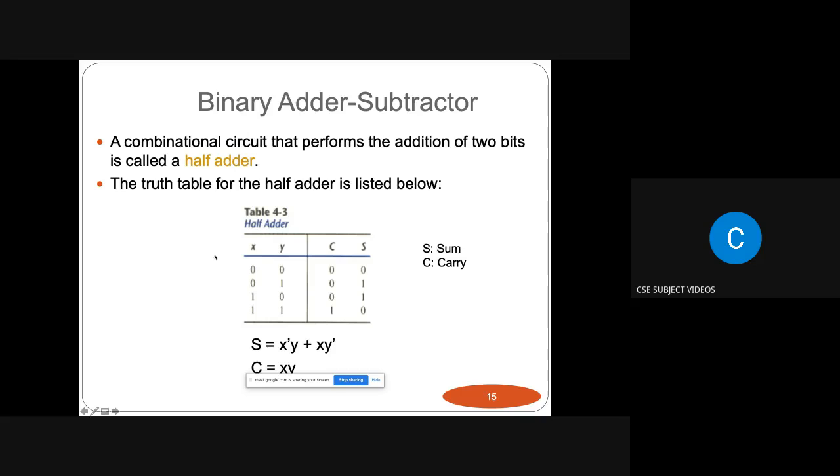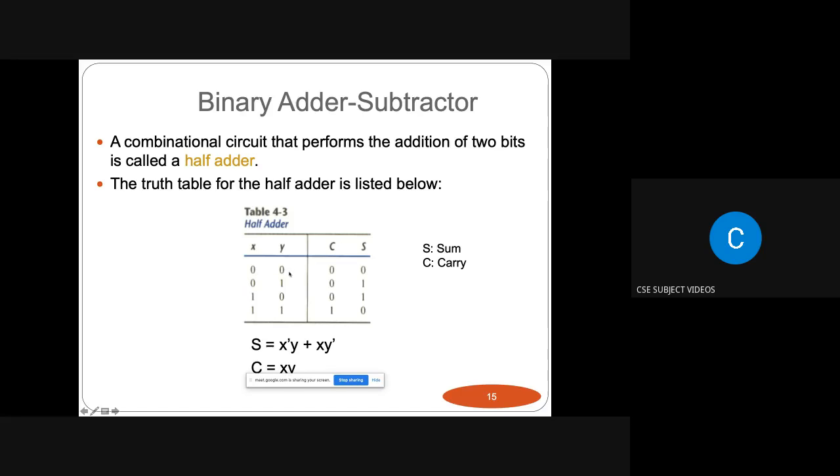So the number of inputs for this half adder is 2, and the number of outputs is 2, that is sum and carry. So the 2 inputs take the values 00, 01, 10, 11, and by using the binary addition rule, we can find the sum and carry as the output.